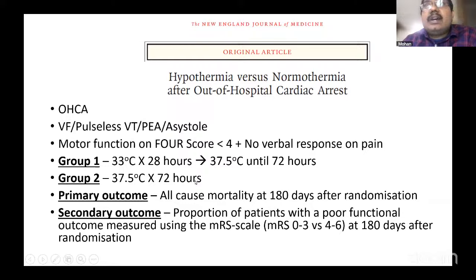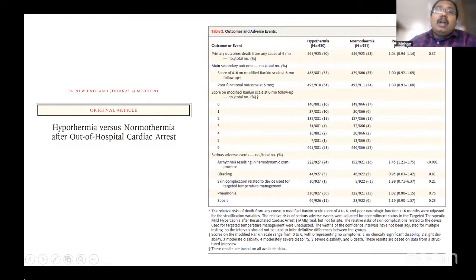In case a subset of patients got a febrile episode, they instituted active fever reduction measures. The primary outcome was all-cause mortality at 180 days after randomization. The secondary outcome was the proportion of patients with a poor functional outcome on the mRS scale at 180 days after randomization.